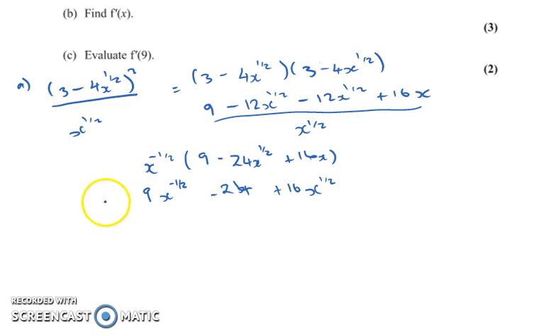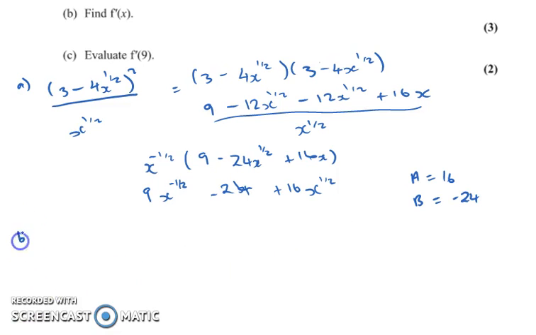And if we refer back to the question, this says show that f of x equals 9x to the minus a half, add a x to the half, add b, where a and b are constants to be found. So a is 16 and b equals minus 24.